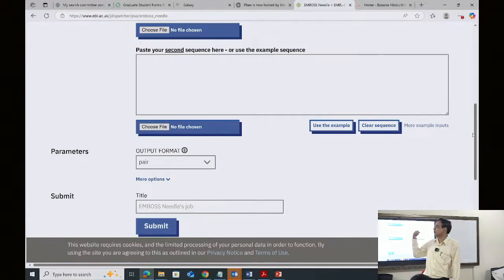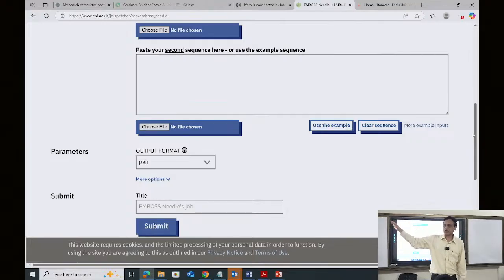So if you are on this site, now what you have to do is retrieve the sequences of beta globin and myoglobin from the NCBI site. So get these sequences from NCBI protein, and then copy paste the sequences in the two boxes and then submit.